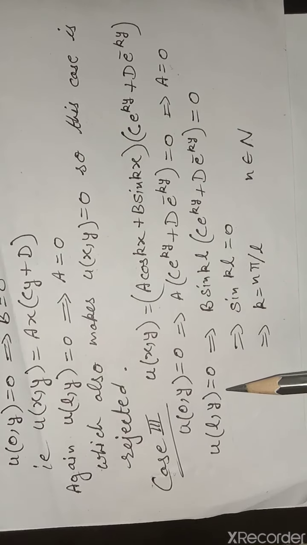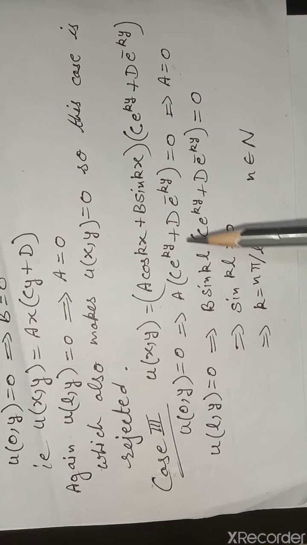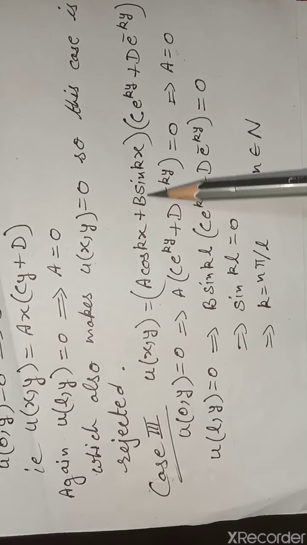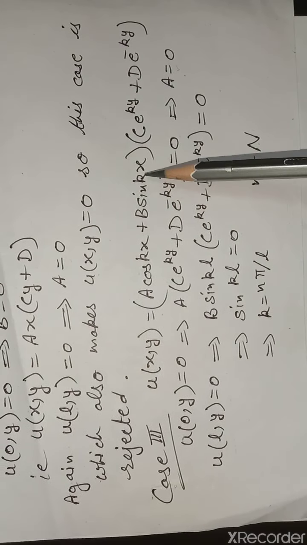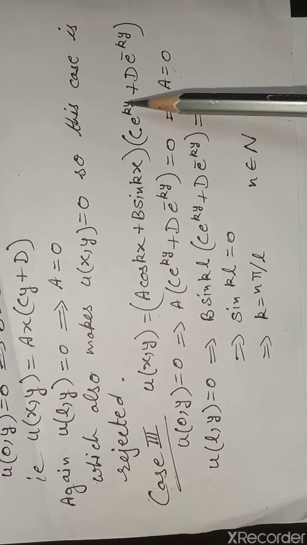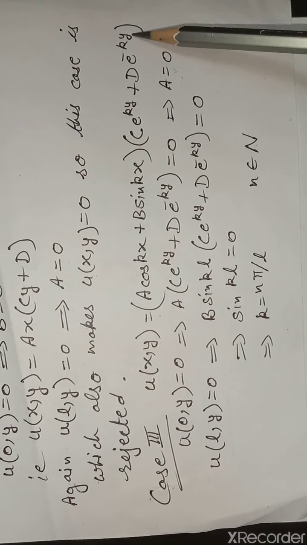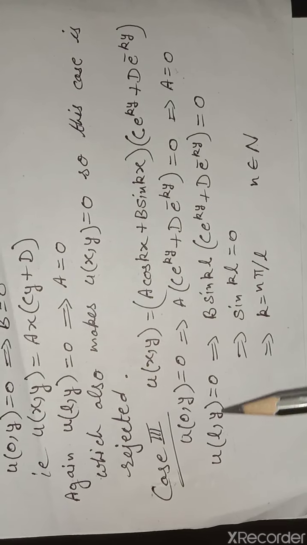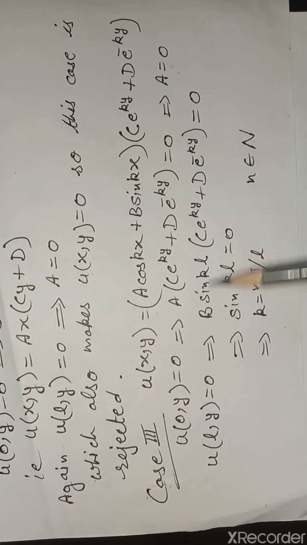Now we use another condition, u(L,y) is equal to 0. So a is equal to 0 means the solution reduces to b sin kx (c e raised to the power ky plus d e raised to the power minus ky). And in that solution we put x is equal to L. So we have this.